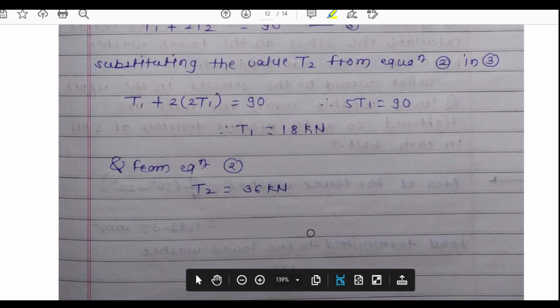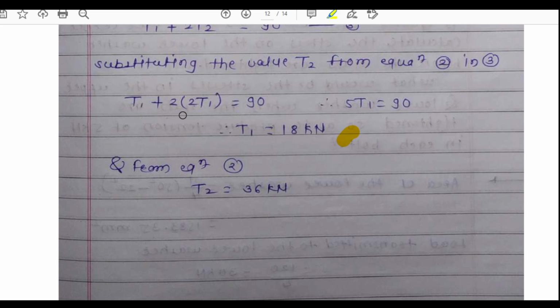Substitute this value of T1 in the equation T2 equals 2 T1. We'll get 18 into 2, that is 36 kilonewtons equals T2. The tension in the first wire is 18 kilonewtons and the tension in the second wire is 36 kilonewtons.